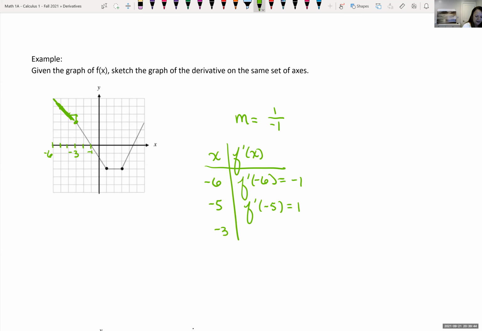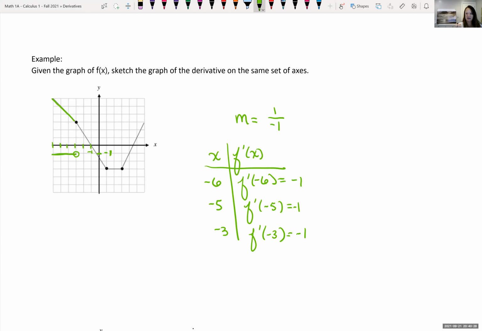So at -3, I still have a derivative of -1. For that section, if I'm graphing my derivative function, I have a horizontal line at -1. I'm going to move this so we can see the horizontal line. I have a horizontal line until I reach this value, and I'm going to leave an open circle there for now, and we'll talk about that more in a minute.